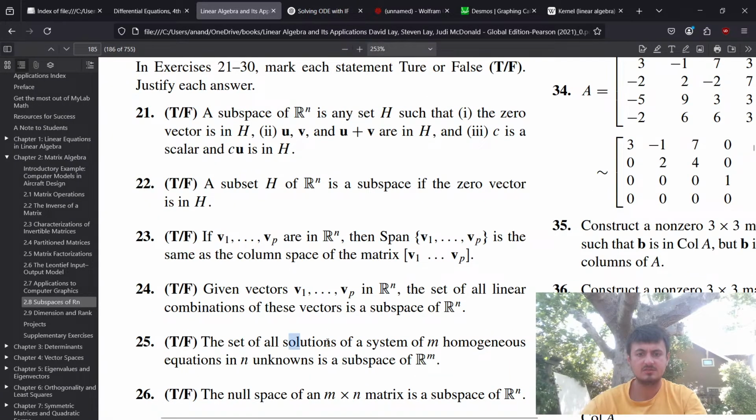The set of all solutions of a system. Wait, so we have an M by N matrix, and we're saying the solutions.